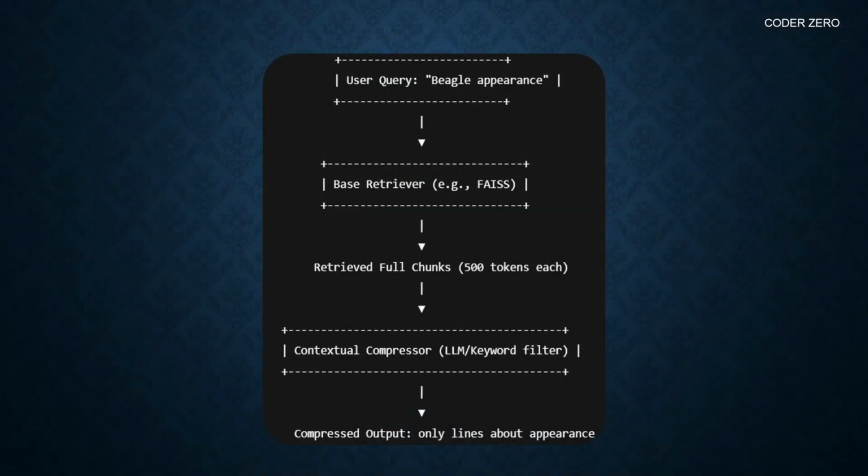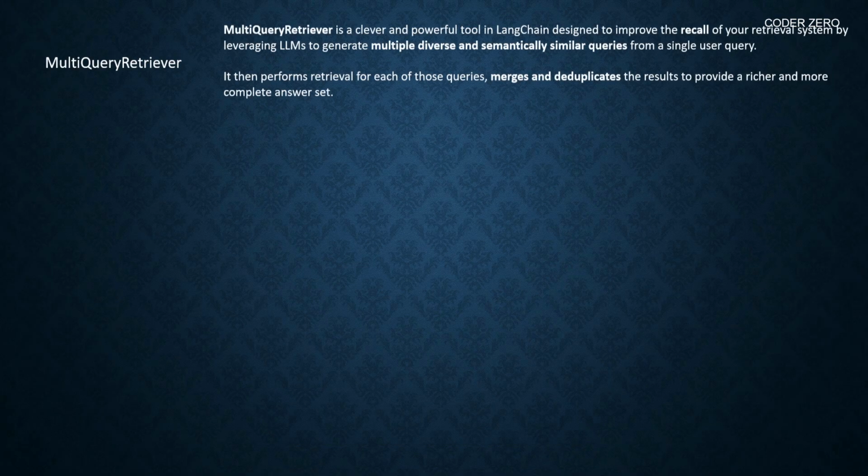Now the next type of retriever is multi-query retriever. Multi-query retriever is a clever and powerful tool in LangChain designed to improve the recall of your retrieval system by leveraging LLMs to generate multiple diverse and semantically similar queries from a single user query.